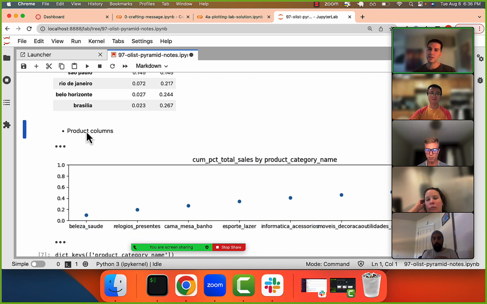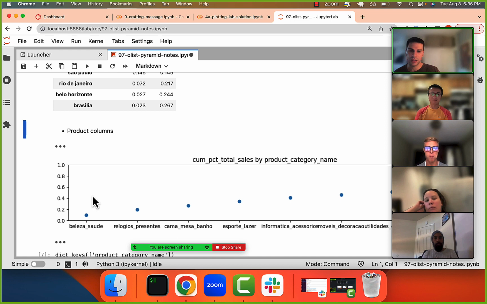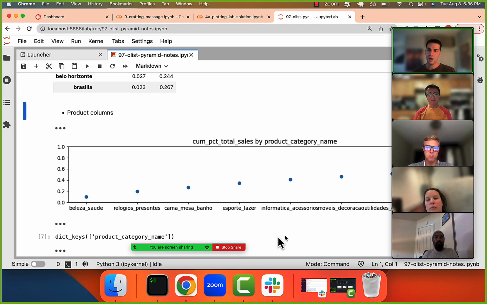So then the next slide is the product columns. Same thing: anything surprising here, which of these is not like the other? And then, what's the general trend? I Googled the Portuguese words, used Google Translate on each one of these words. For me, the trend was that these are non-essential items, kind of fun items.